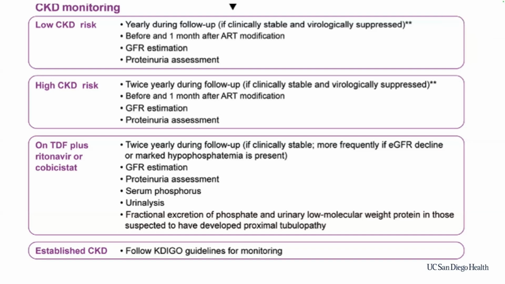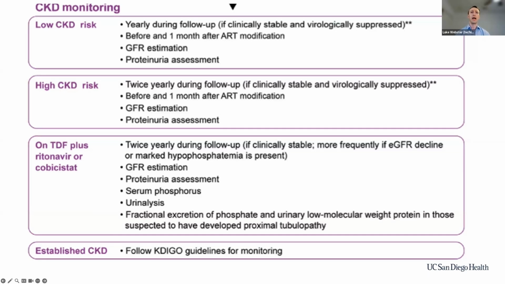Yeah. And for those that are on TDF, because in my previous practices I would have agreed that we're in more of a TAF era, but in my current practice, there's still a good amount of TDF, and for probably pretty good reasons. You are suggesting checking phosphorus in those patients still taking TDF twice a year, correct?